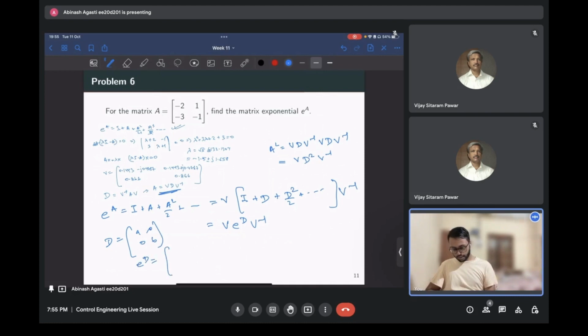It is just e to the power A, 0, 0, e to the power B. So then this can just be found out by some matrix multiplications. So that is why we go through this method, and the rest, the numerical values, you can calculate, or let us do that.